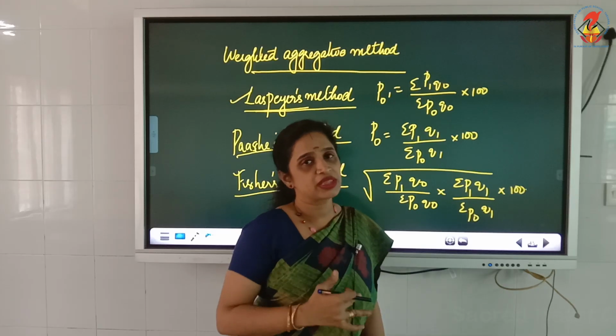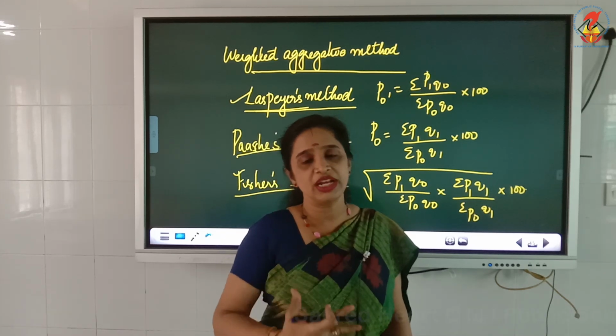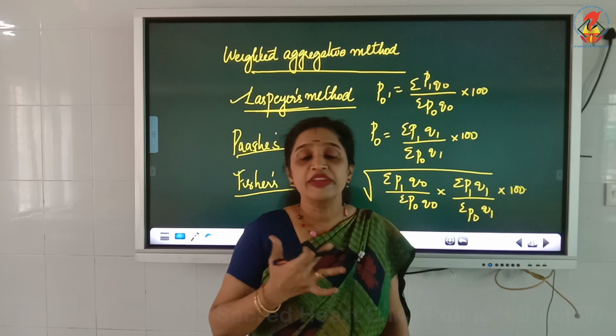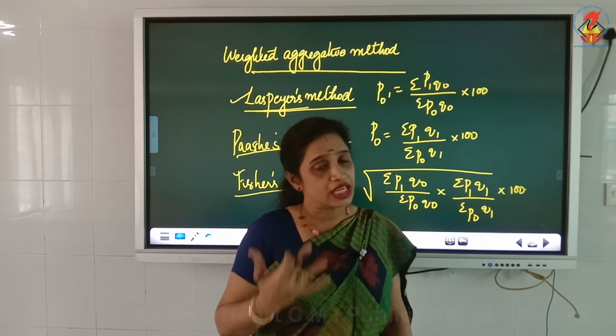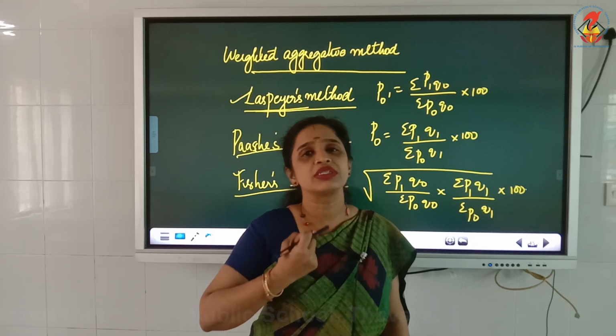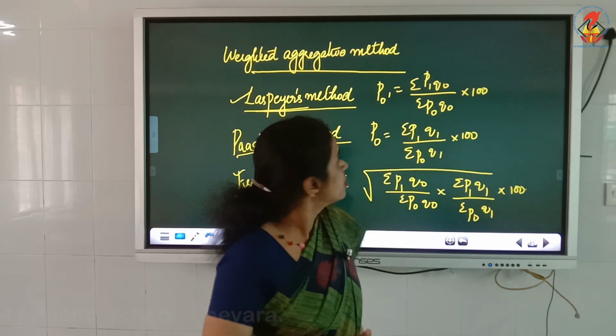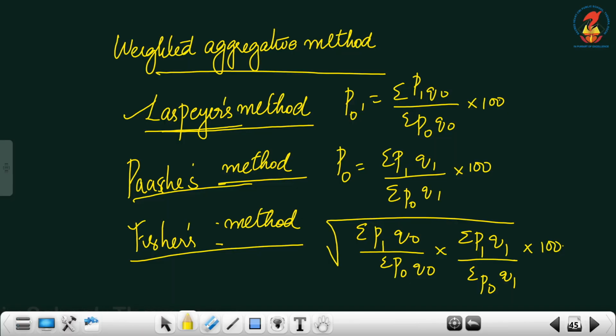Now, these three methods are not there for a detailed study in your syllabus, but still we need to know what is the difference between these three methods given by three statisticians, and we need to just apply the formula and see an example how it is done. So, the three methods used in the weighted aggregative method are Laspeyres' method, Paasche's method and Fisher's method.